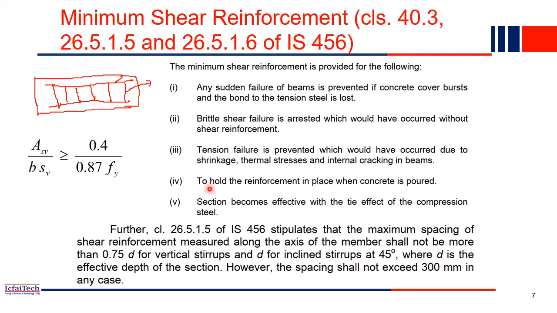So in no case should the spacing be more than 300 mm. In the maximum case you can provide it at 300 mm or 0.75d, whichever is smaller, and that will be the maximum spacing between the two stirrups. This guideline you will also get in the clause of this IS 456.